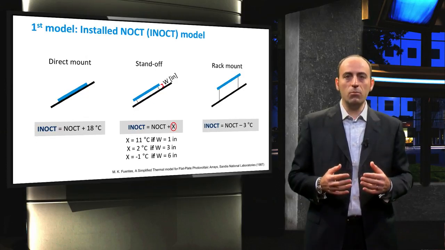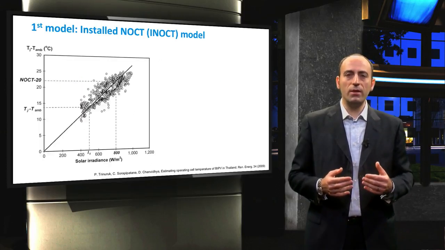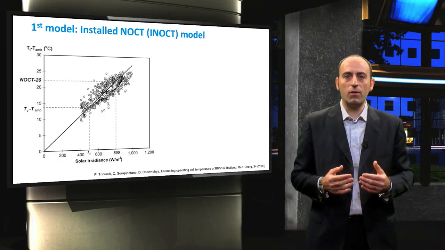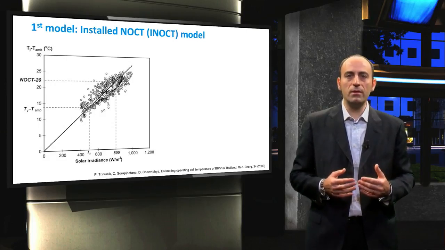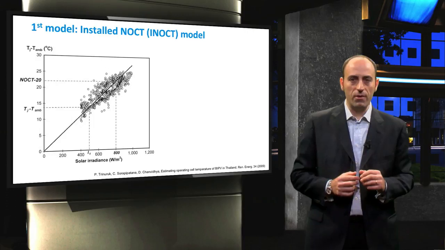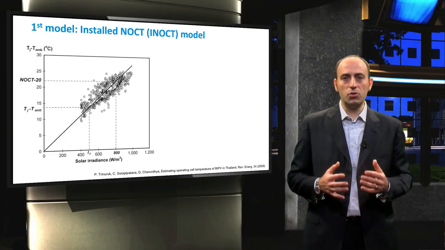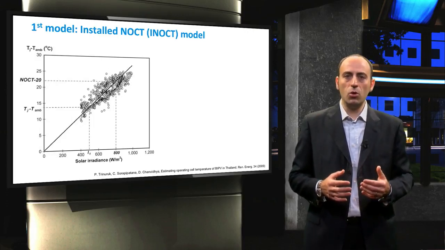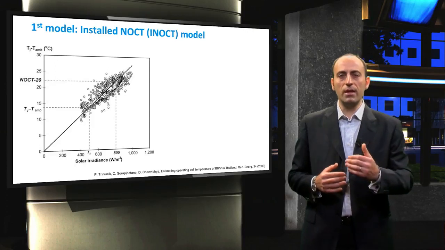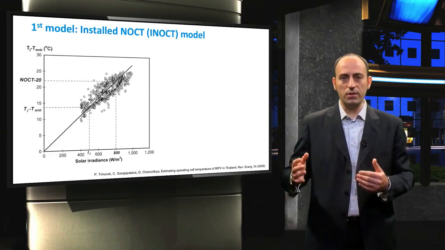The INOCT model is based on a trend found in empirical data for a number of PV systems located in a specific climatic area. In particular, it was observed that the temperature of the module rises almost linearly as the solar irradiance increases.